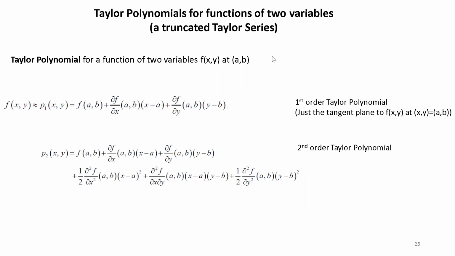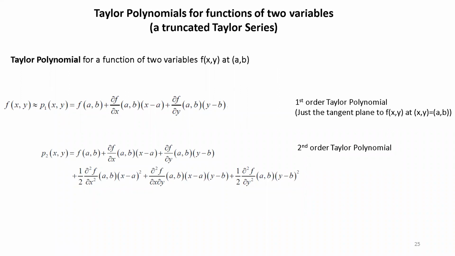Okay, so let's continue. This time, as I just mentioned, I'm going to give you the Taylor polynomials for a function of 2 variables. We remember that if we have a function of 2 variables, what we have essentially is a curved surface in the xyz space.